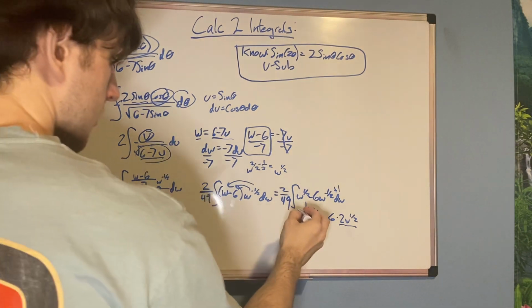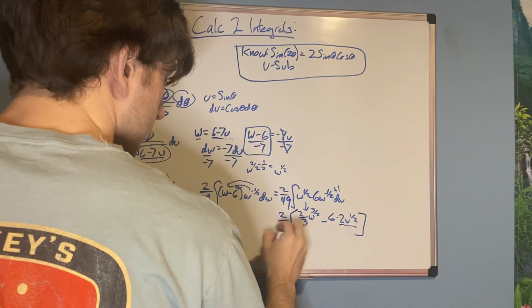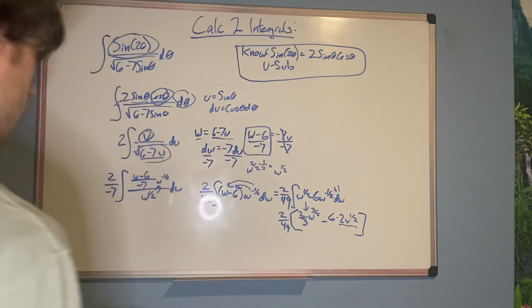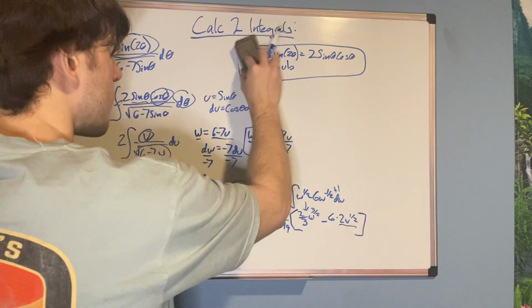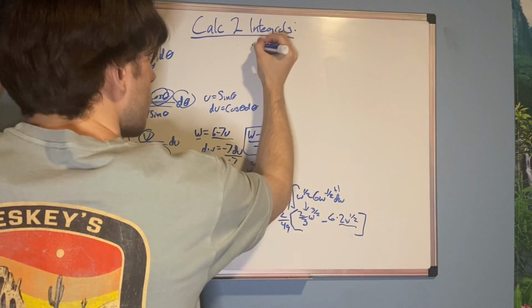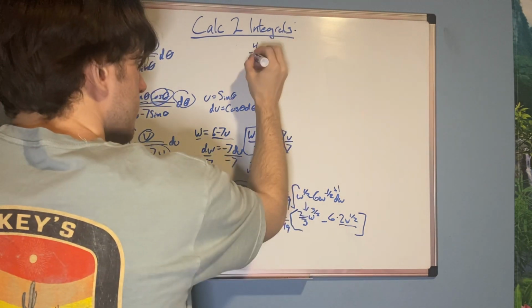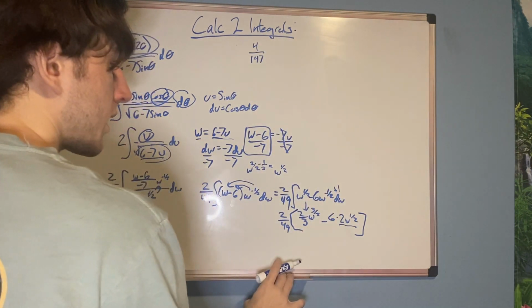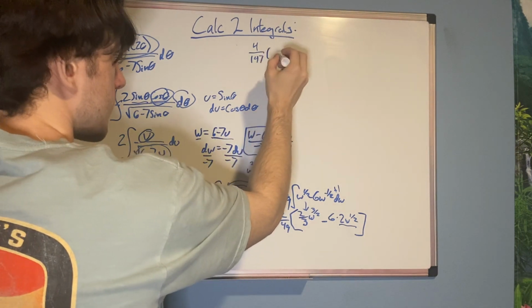Now that's all being multiplied by that 2 over 49. So now what we can do is distribute. 2 times 2 is 4, and 49 times 3 is 147. And then we can rewrite our w, which we substituted for this, as 6 minus 7u.